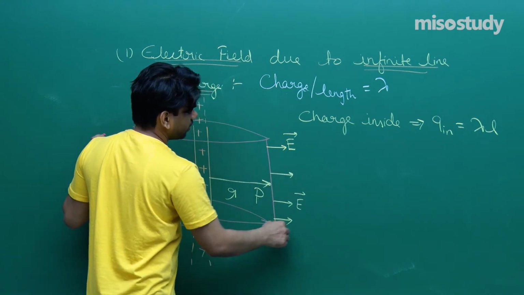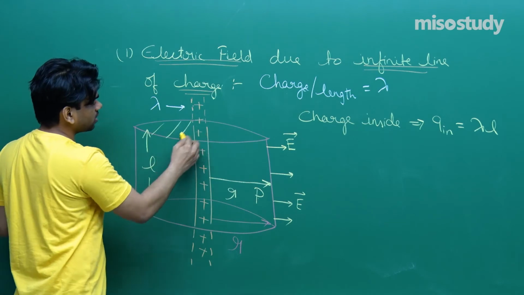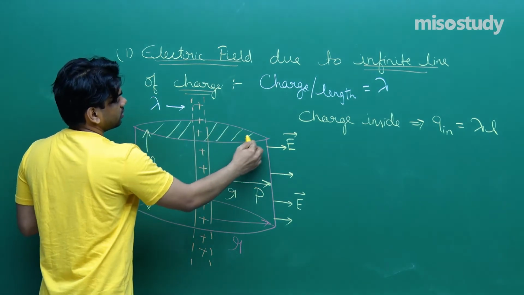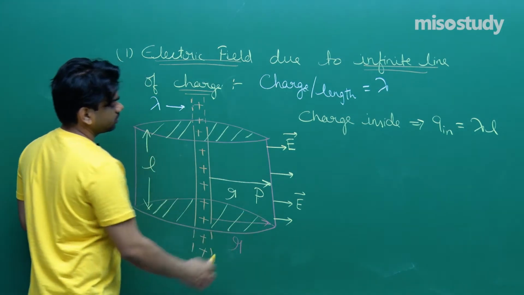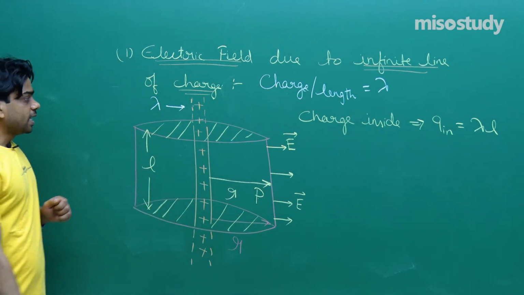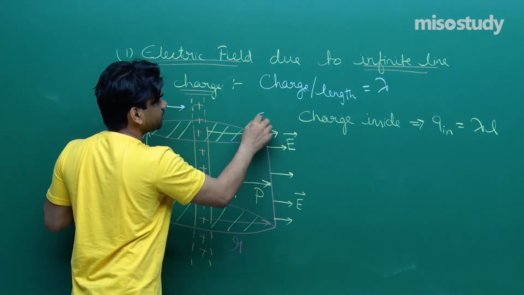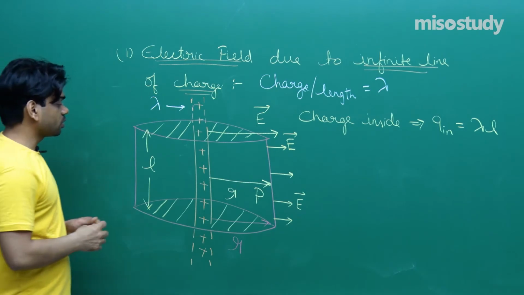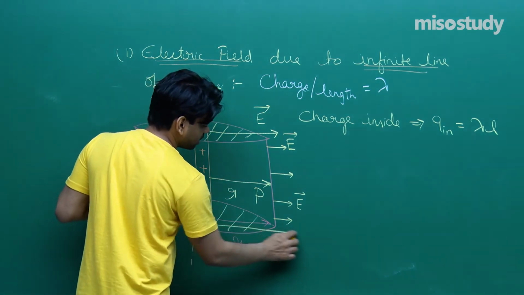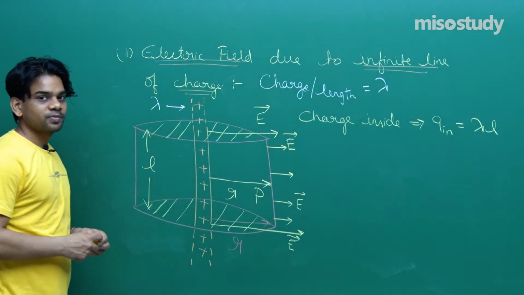If I see the top circular surface and the bottom circular surface, the electric field will pass parallel to the top and bottom surface. Electric field will pass parallel to the surface.